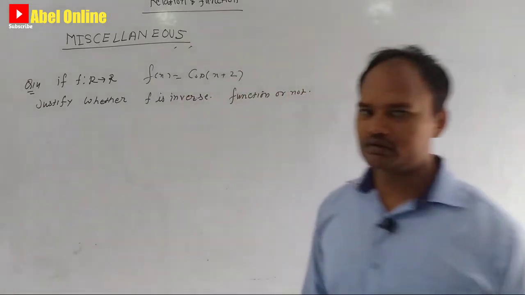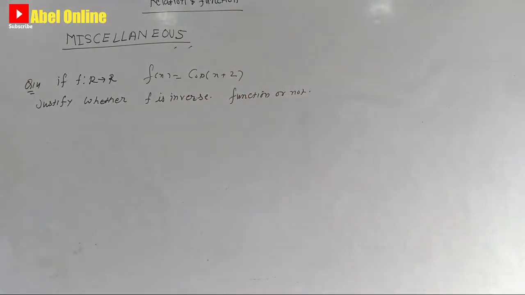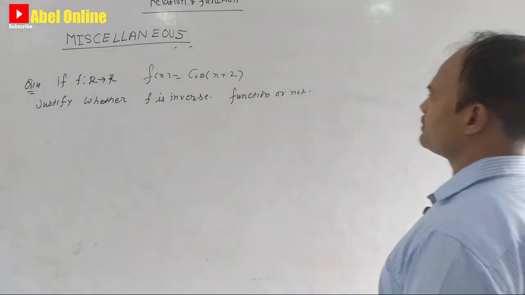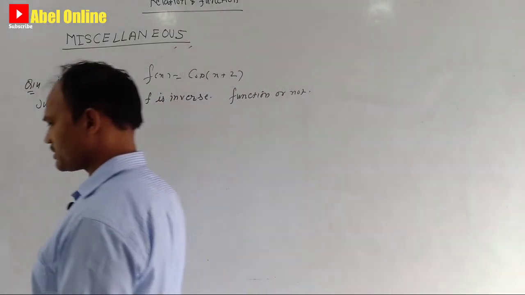So the question is: given that f from R to R, f(x) equals cos x plus 2, justify whether f is an inverse function or not. So students, we are going to discuss whether the given function is invertible or not.